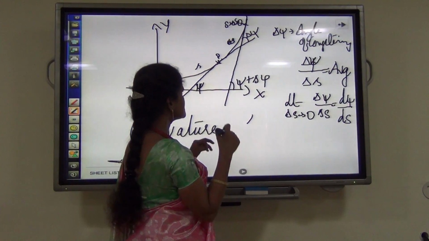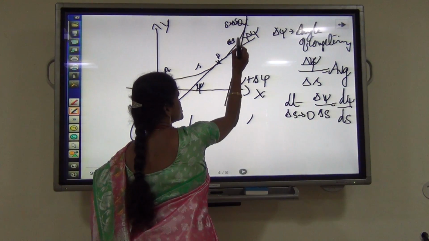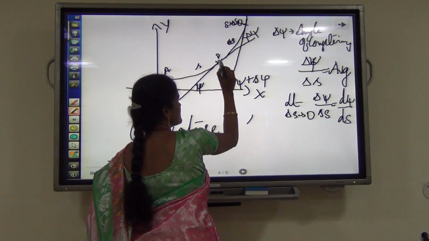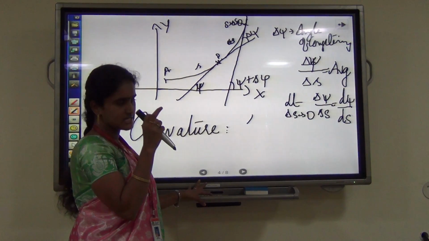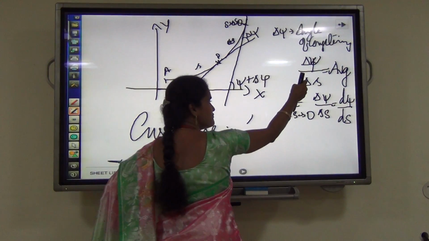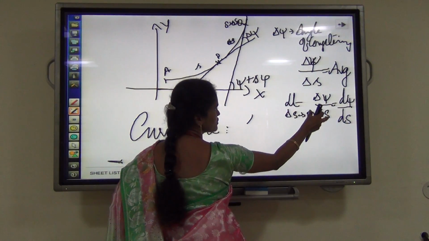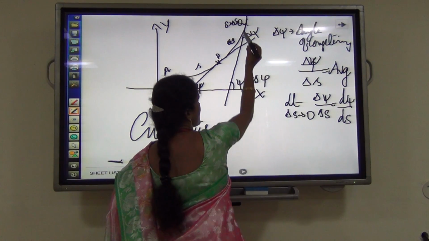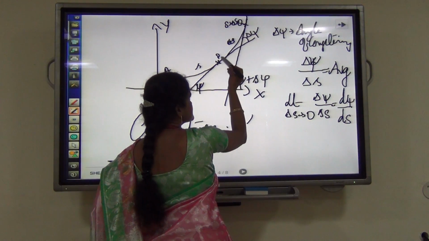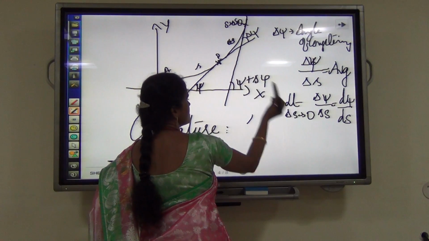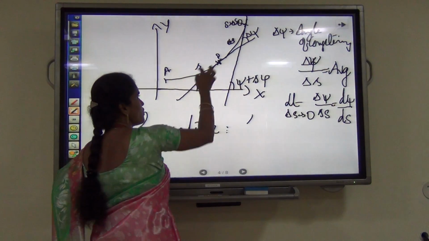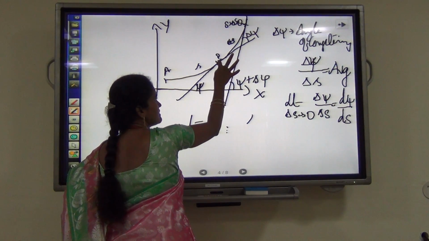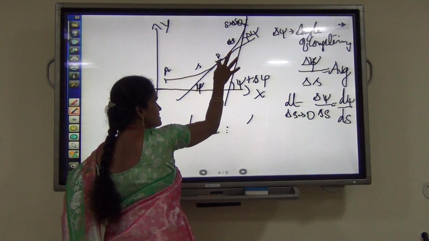As delta s approaches 0, it comes to a point. Now we are defining the curvature at the particular point P. Earlier it was the average over the curve. Now as Q moves to P, delta s approaches 0, and we can define the curvature at the particular point P.